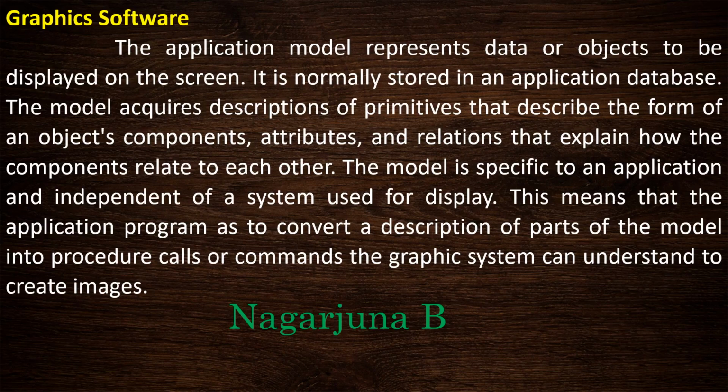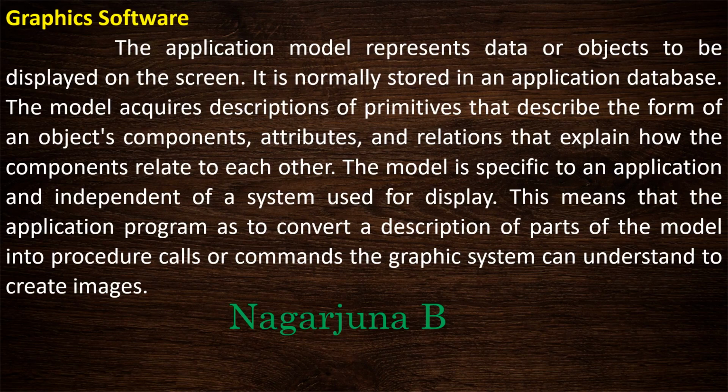So the application model will be specific to an application. For example, different kinds of pens will be there, but a pen model will be different. That is, the model is nothing but a data or an object. Here I am considering a pen as an object.